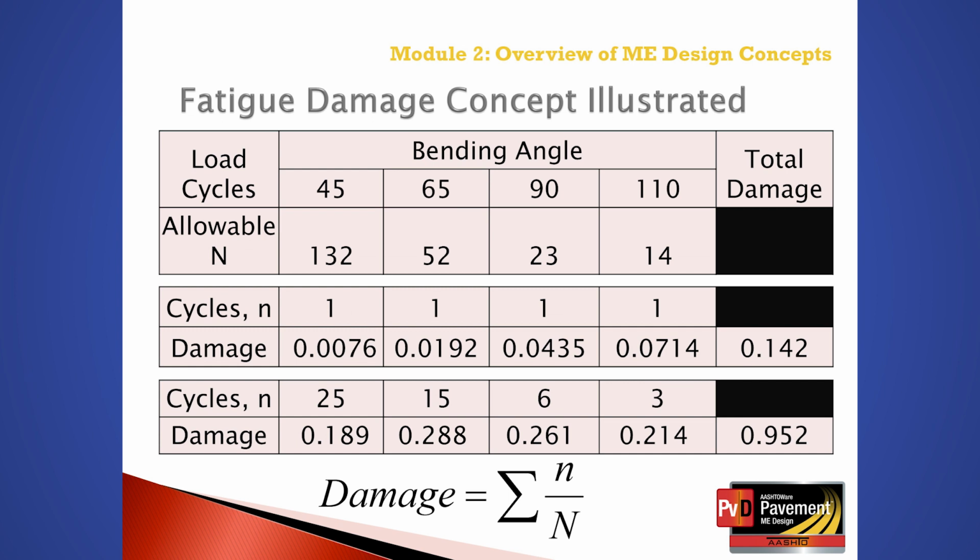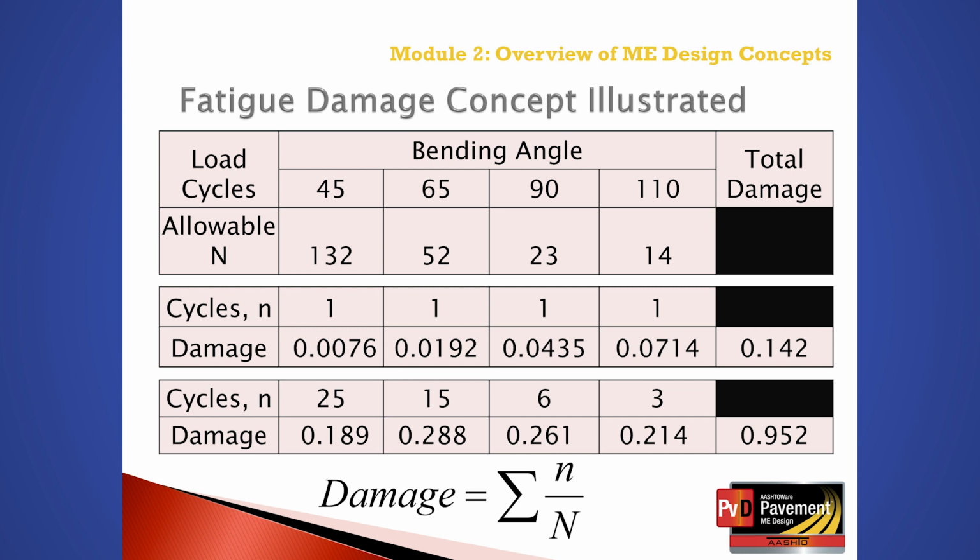Using Miner's hypothesis, as defined in a previous slide, the damage index for each bend cycle of a specific angle can be calculated using the equation shown on the screen and previously discussed.